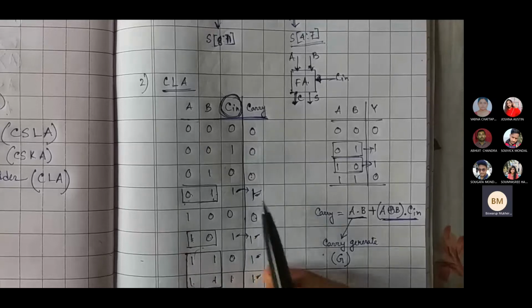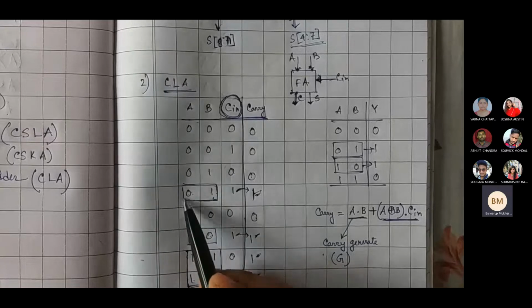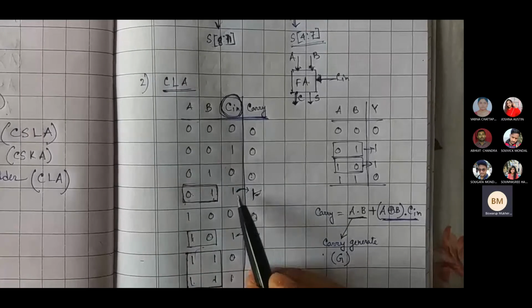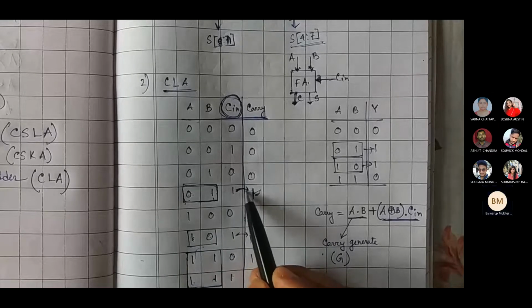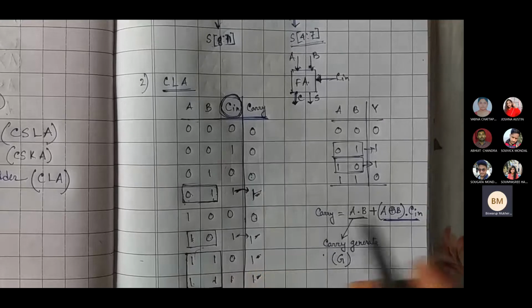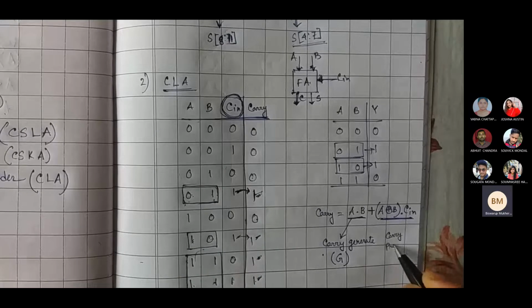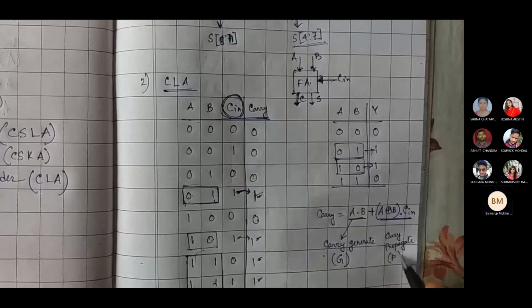So if A and B are different, the previous carry is actually propagating towards the result. That is why it is called carry propagate, generally denoted by P.